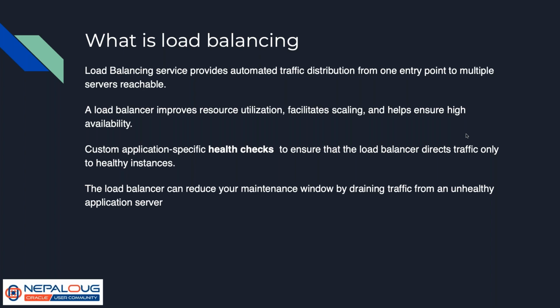So in that case, there is a specific health check. We can have a custom health check script that will check the health of the compute instance, the health of the server, and if it finds it unhealthy or faulty, then it will stop sending traffic to the unhealthy one. This way we can do a health check from the load balancer also.